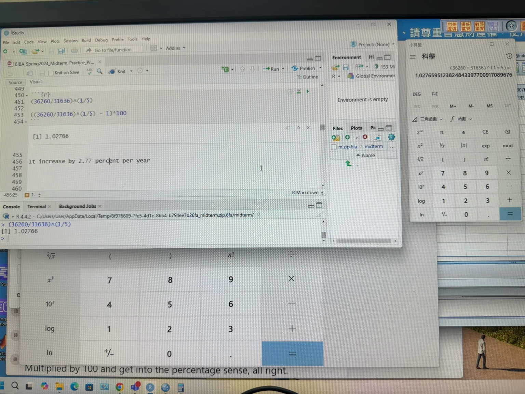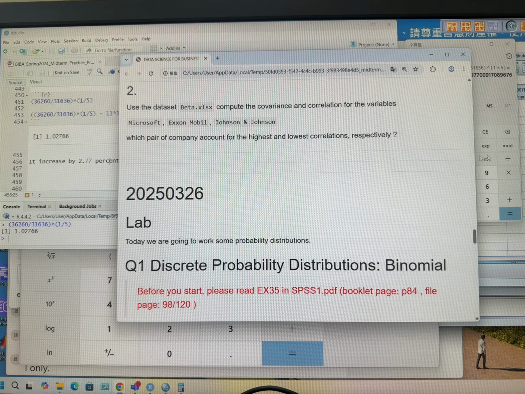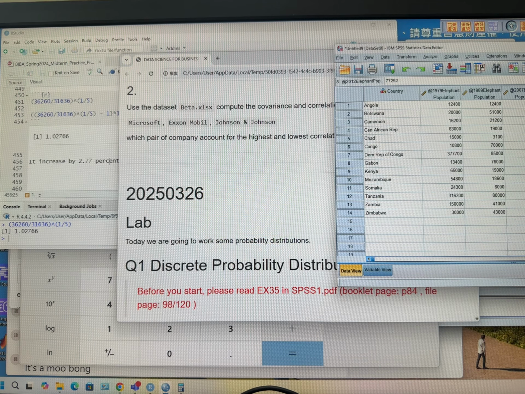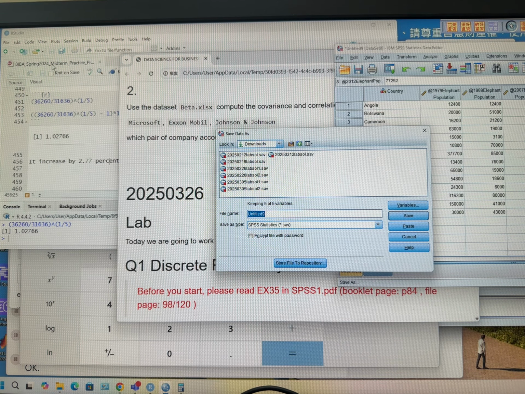Alright, and then let's move on to another question. Yeah, you should see the note here for some review before you come to the exam.